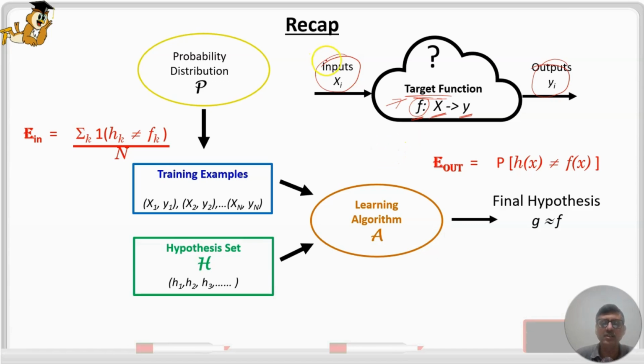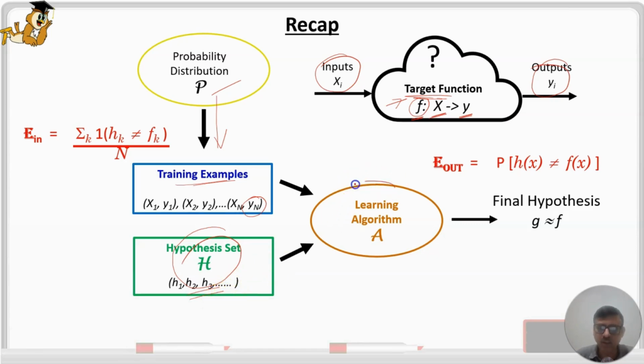We said that the inputs Xi are governed by a probability distribution P, and the same probability distribution also governs the choice of our training samples. We have n training samples in all. We also defined the idea of a hypothesis set, and the hypothesis set H essentially contained all possible hypotheses, and there could be infinitely many of them.